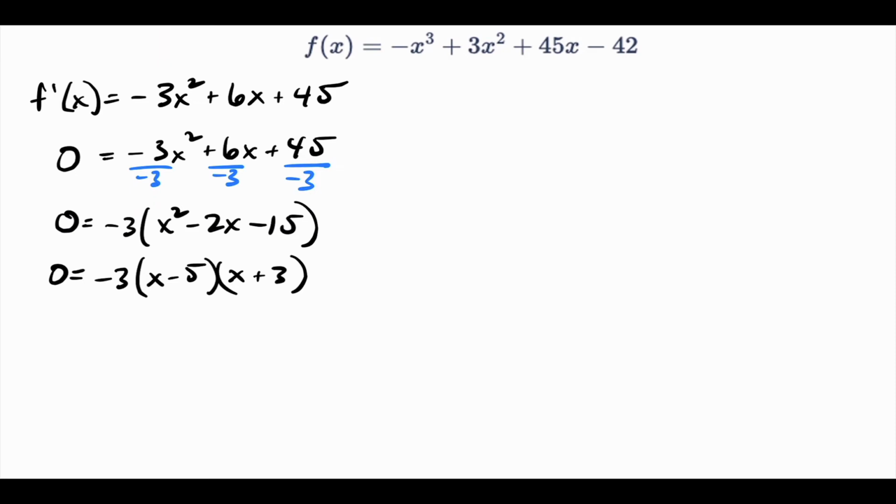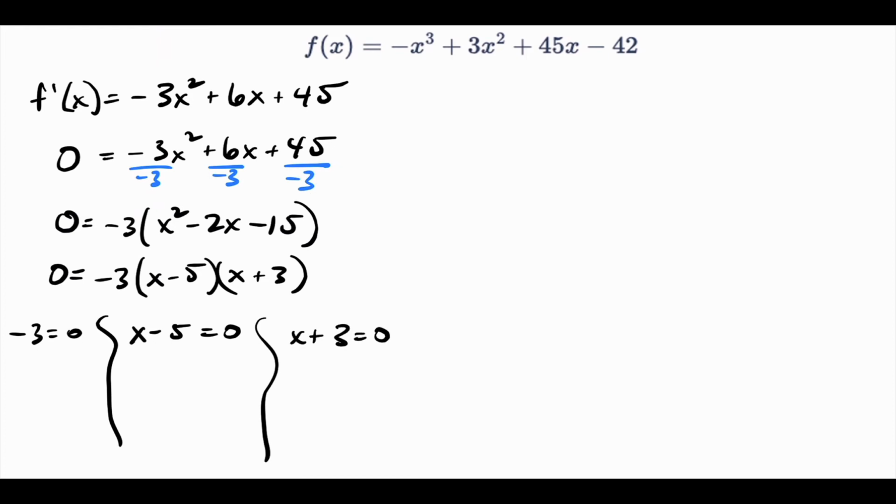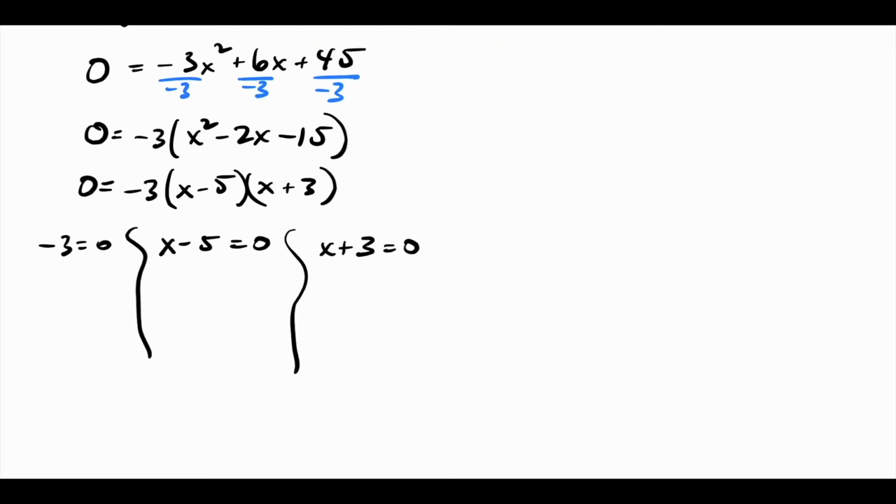Okay, set them equal to 0. -3 can't equal 0. That's not going to happen. So that one doesn't give me an answer. Okay, but the other two I can solve. Add 5 to both sides, subtract 3 from both sides.